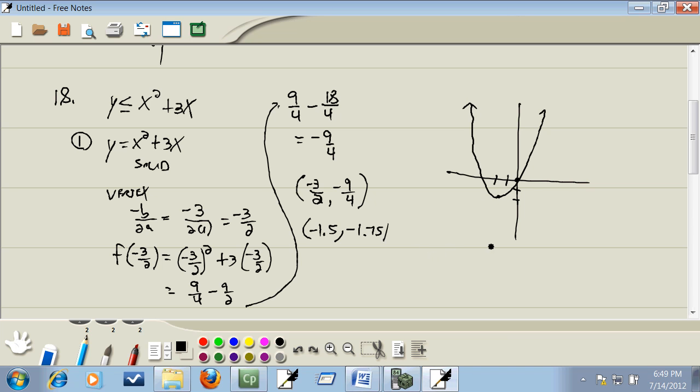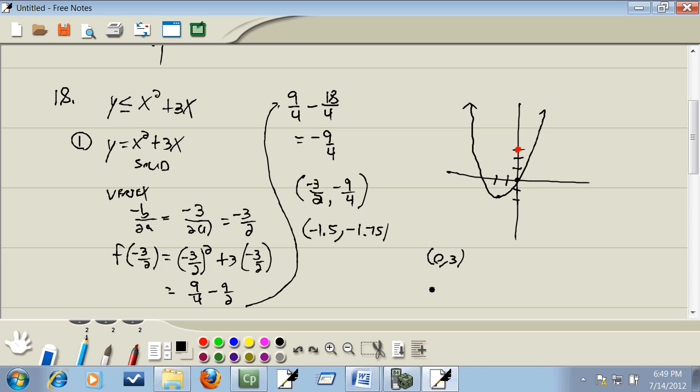Then you pick a test case. It doesn't matter which. The origin wouldn't be good because the graph passes through it. Maybe 0, 3, which would be right up here. You plug that into your original inequality and see if it's true.